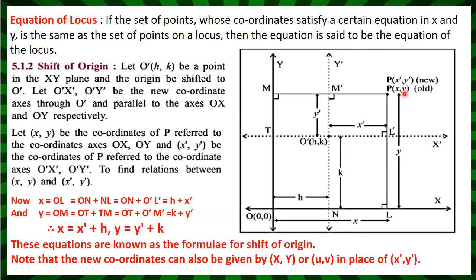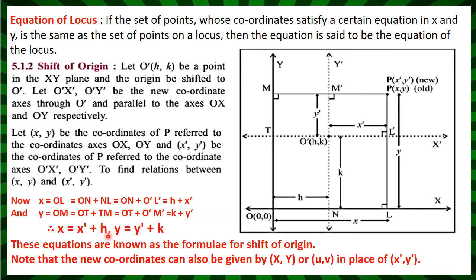Similarly, y is the vertical distance, which is equal to OM, and OM can be written as OT plus TM, and TM is also O dash M dash, which is nothing but y dash. So OT plus O dash M dash will be k plus y dash. Therefore x is equal to x dash plus h and y is equal to y dash plus k are the formulae for shift of origin.